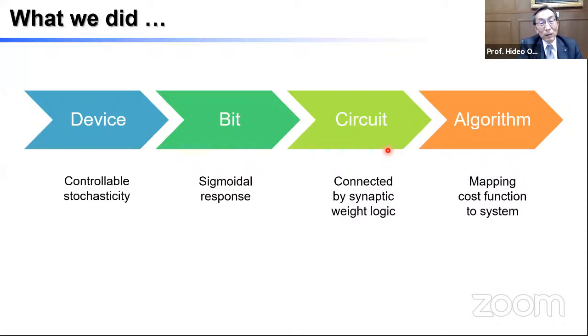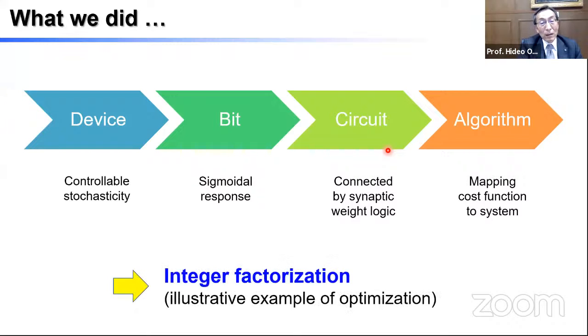Then we connected those p-bits by synaptic weight logic, and we implemented the cost function in the system. The example we have shown recently is integer factorization. It's an illustrative example of an optimization problem.